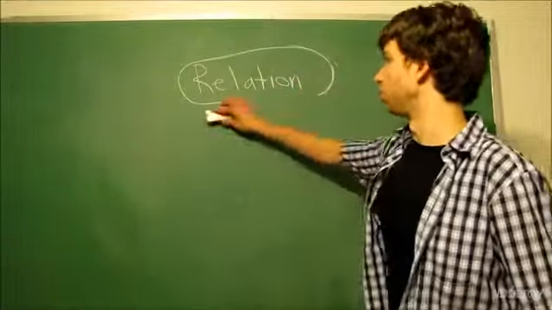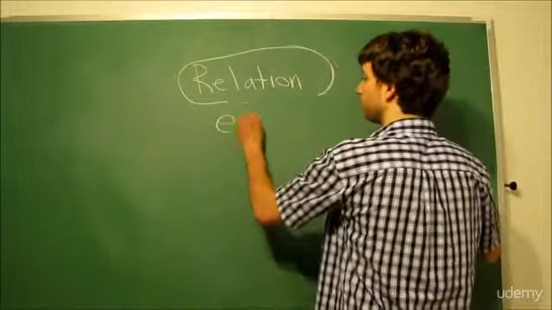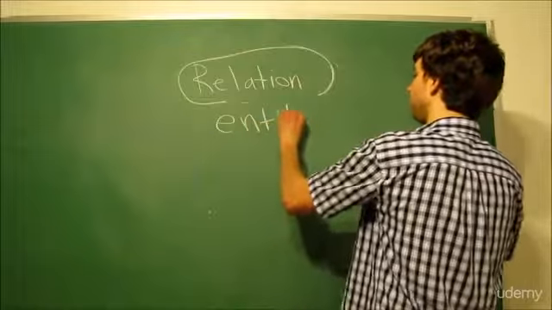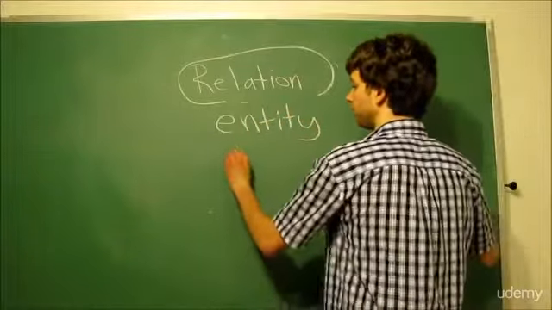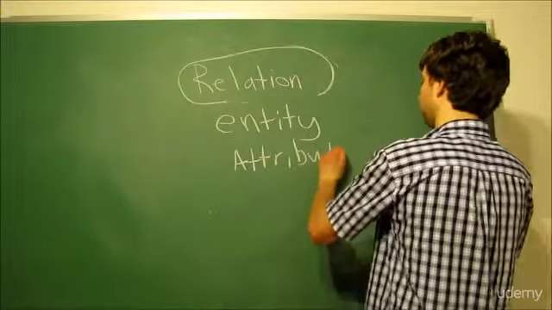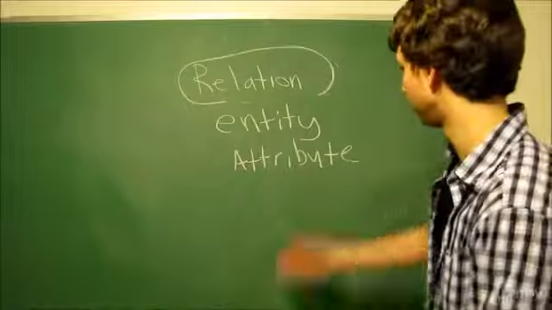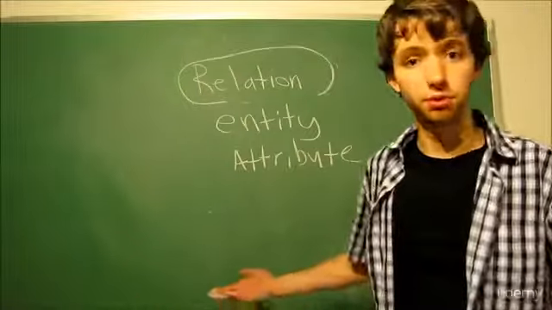First, you need to know two terms. The first one is an entity. The second one is an attribute. So, an entity is anything we store data about. Attributes are the things that we store.